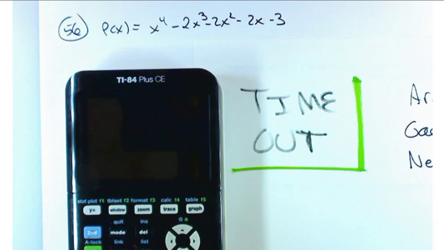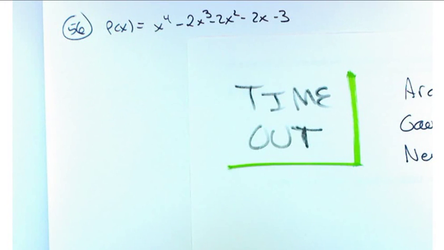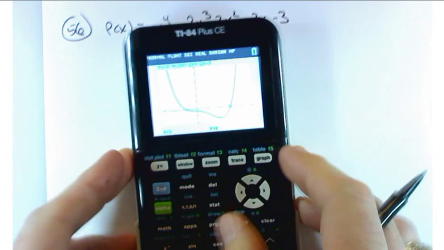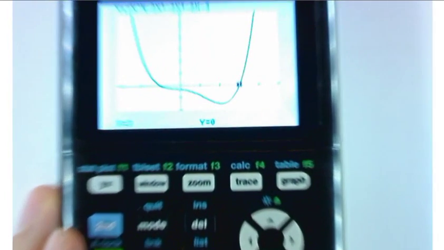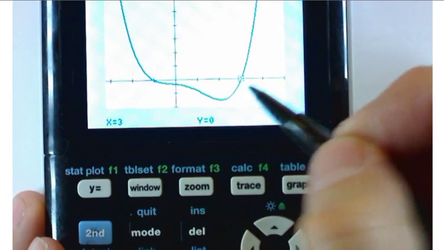Easier than what you had. Okay, so I know of two roots. I know of roots at -1 and at 3. You can get that from the rational root theorem.